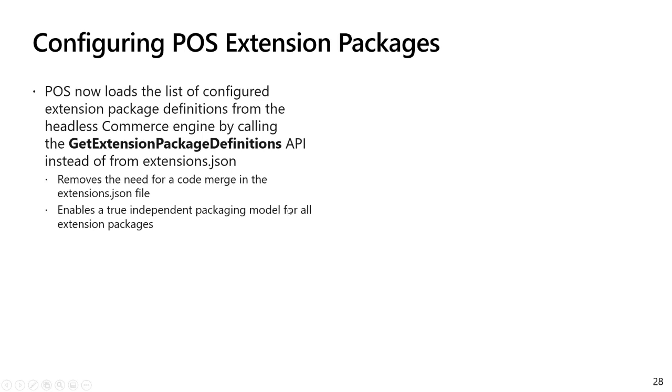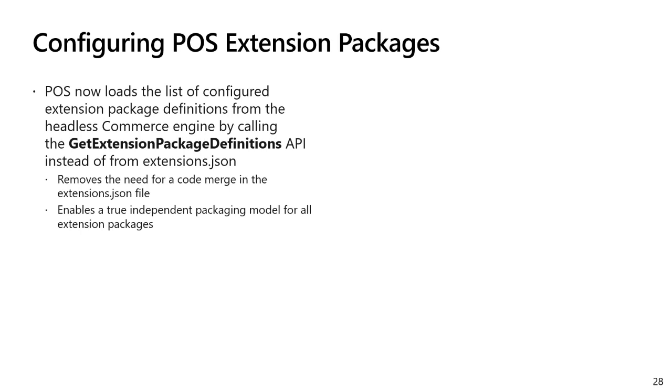The next change, and kind of a one-time change, was moving away from extensions JSON to configure which extension packages will be loaded. This extensions JSON approach required a merge if there were different extension packages, which was incompatible with the independent packaging mantra.